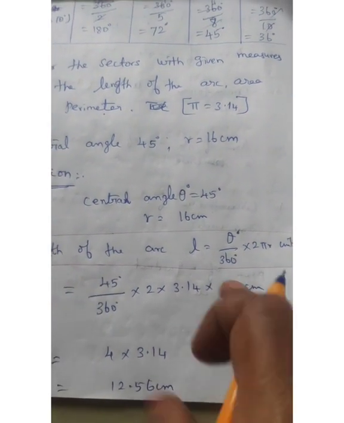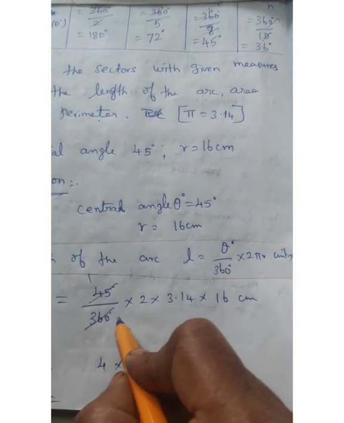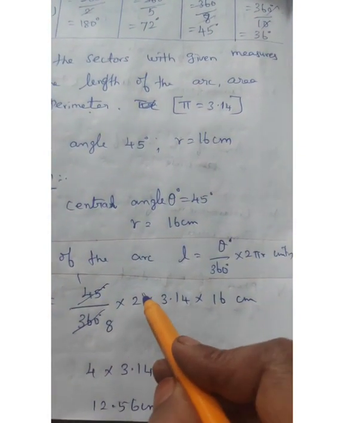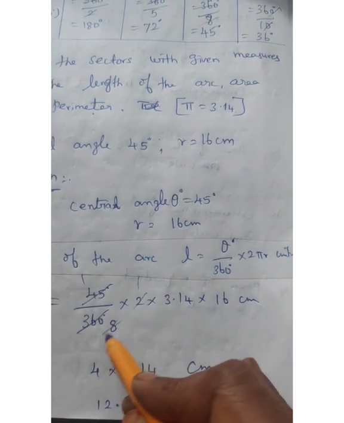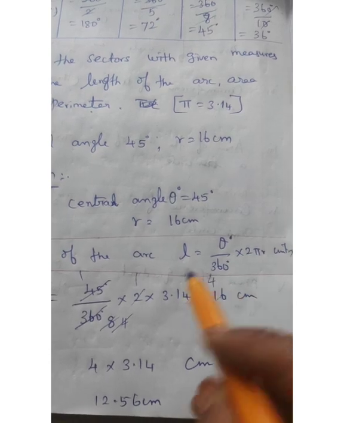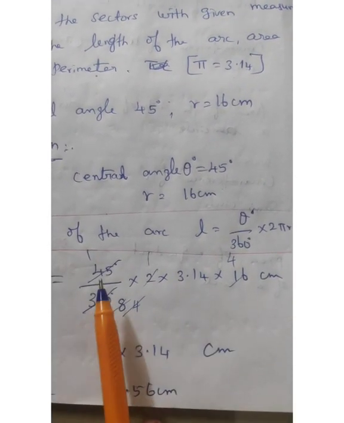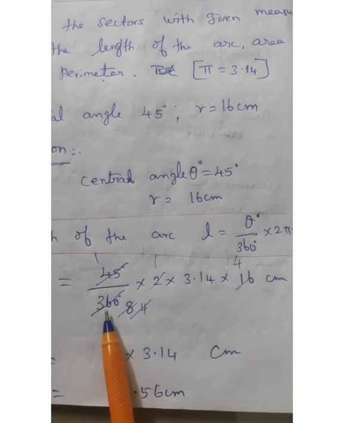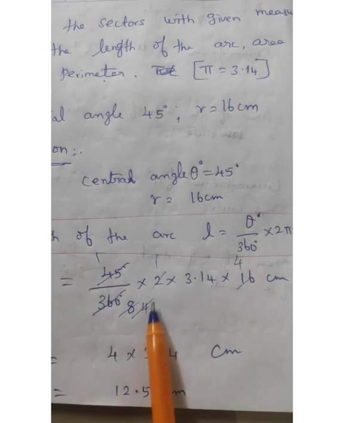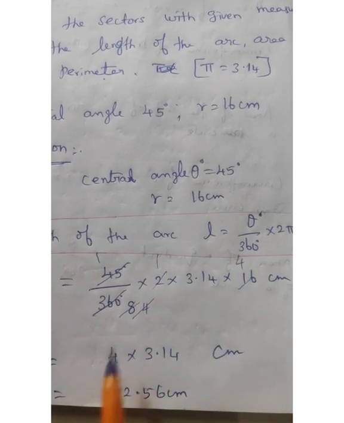The r value is given as 16 centimeter. 1 45 is 45, 8 45s are 360. 1 2 is 2, 4 2s are 8, 1 4 is 4, 4 4s are 16.